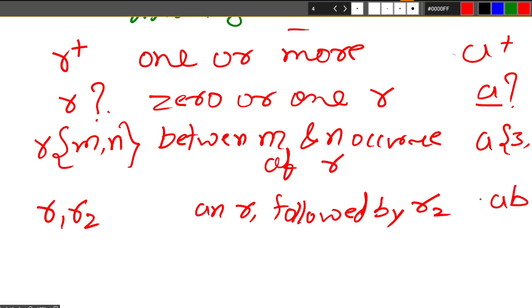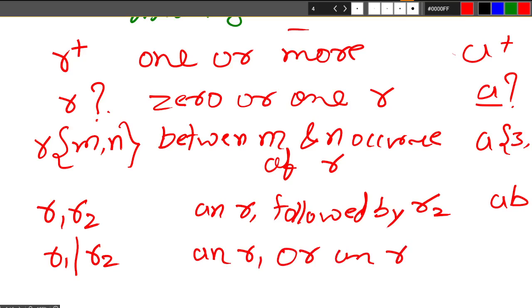Like this. You can also have R1 or R2, so you can have either an R1 or an R2. So you can have either A or B, like this you can specify.